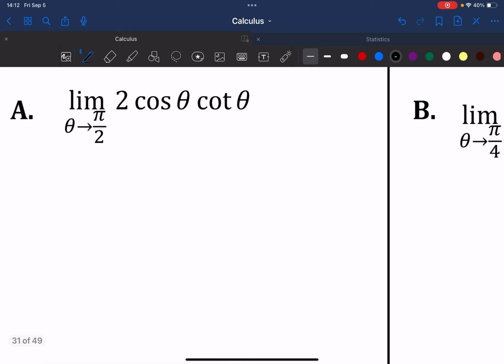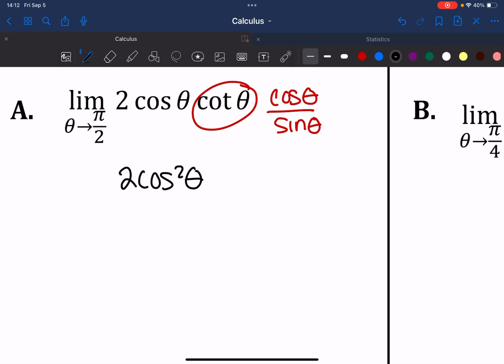So here I have the limit of 2 cosine theta cotangent theta. Well, I know that I can rewrite cotangent theta as cosine theta over sine theta, which means I can rewrite this as 2 cosine squared theta over sine theta.